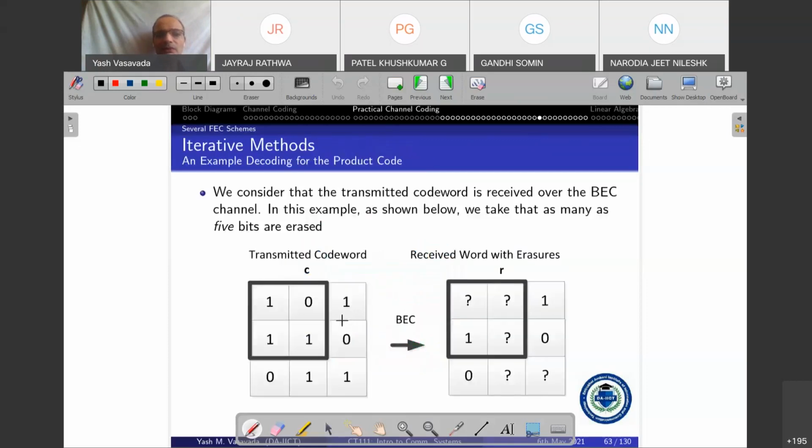So for this type of channel, how to do the decoding? And again, for this particular example, I'm going to assume that the channel is pretty bad, since it has erased 5 bits out of the 9 bits that were transmitted. So all of these 5 bits got erased. The receiver didn't get anything.